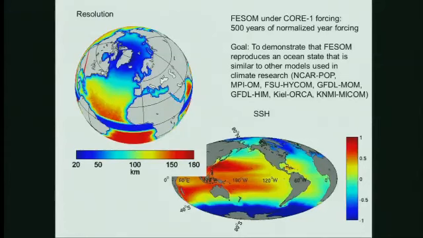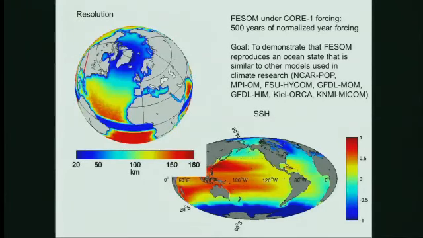We did a lot of different types of tests, which are not the simple tests we typically have in this community. These are mostly intercomparison tests with other models. So we did an intercomparison of FESOM under CORE 1 forcing.